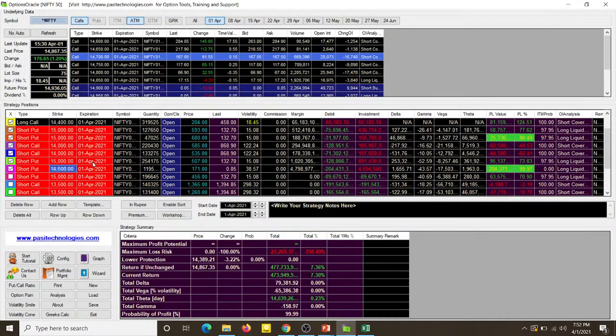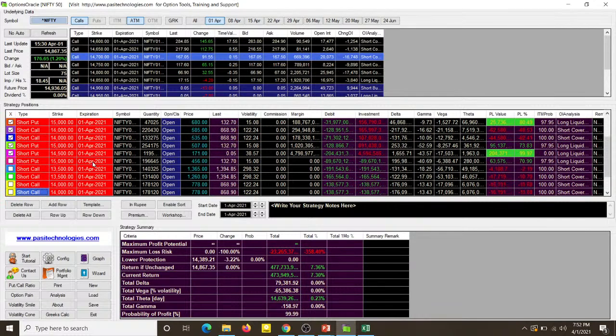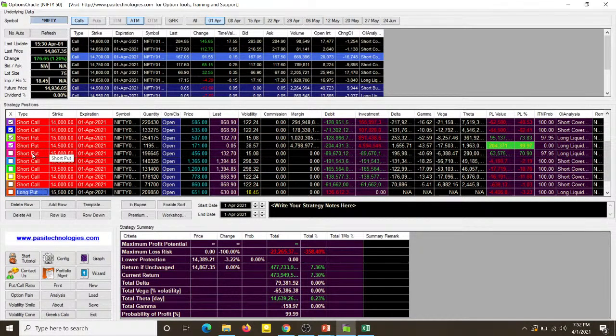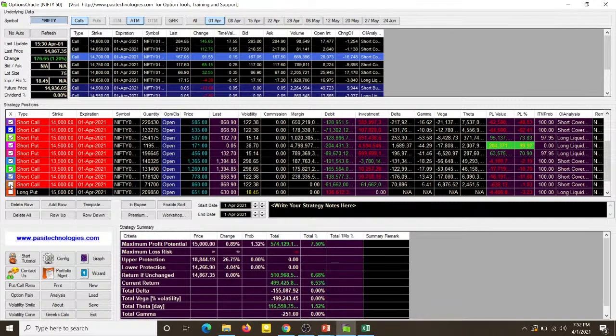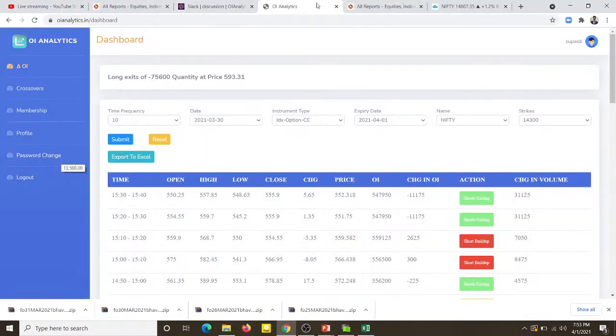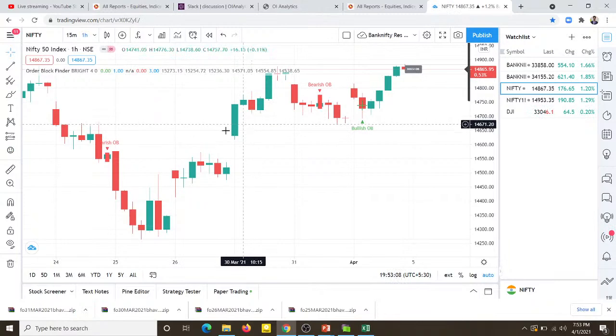Correct. 26th. Then on 27th positions we need to add, which are nothing but, not 27th. After 26th it is 30th, right? So 30th positions. Correct. Now these are the 30th positions I have added here. On 30th, if you see, the market has moved continuously higher, and on next day we have a contra open.